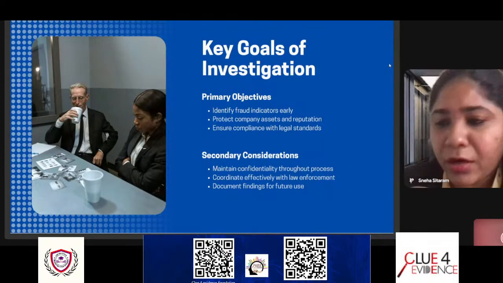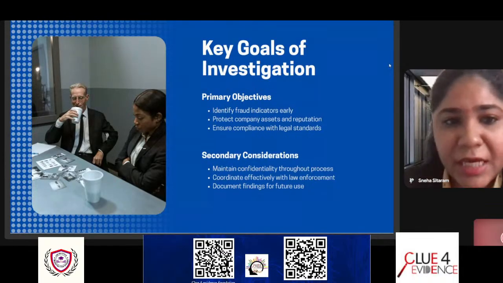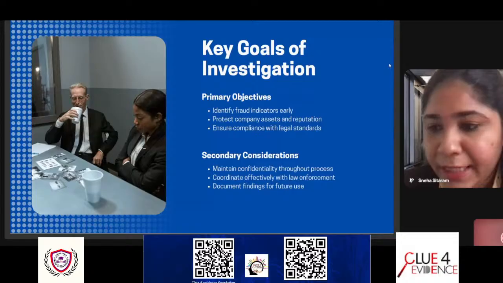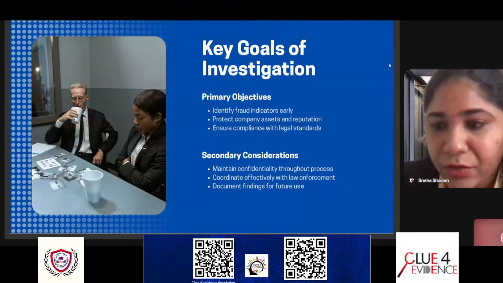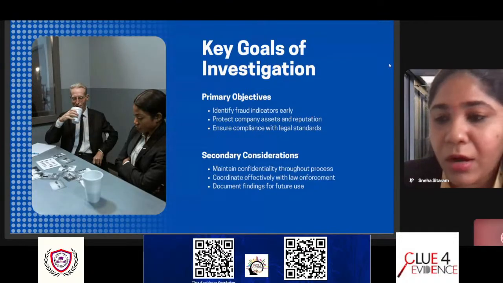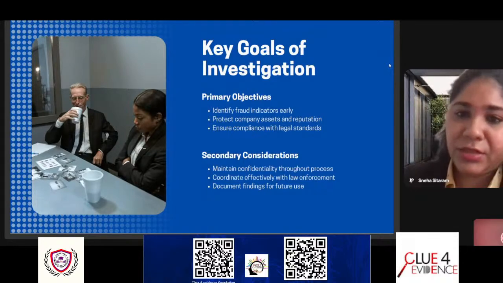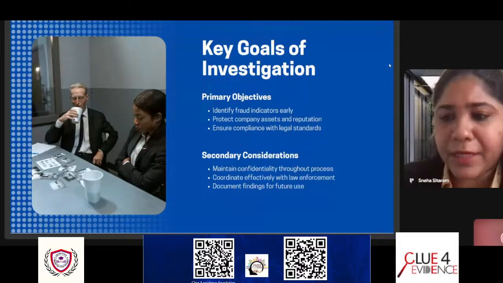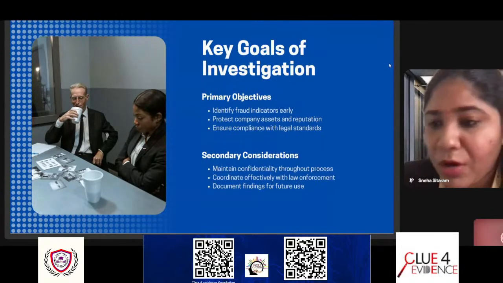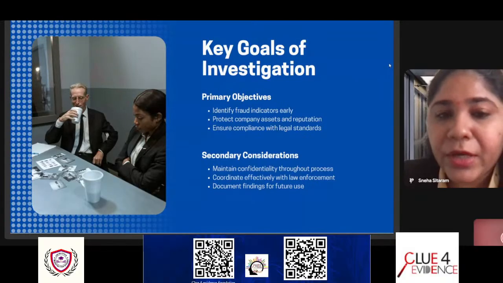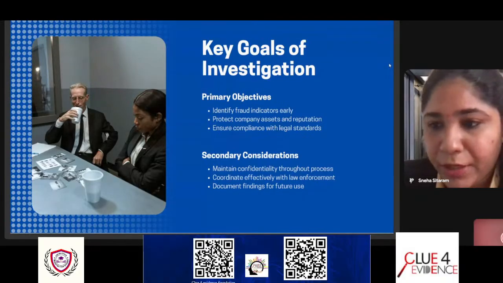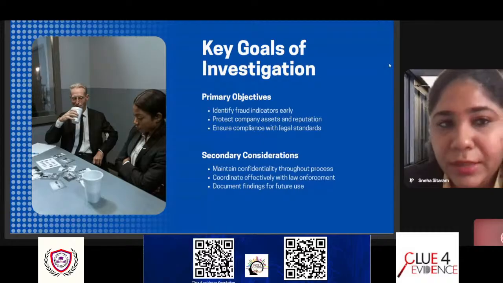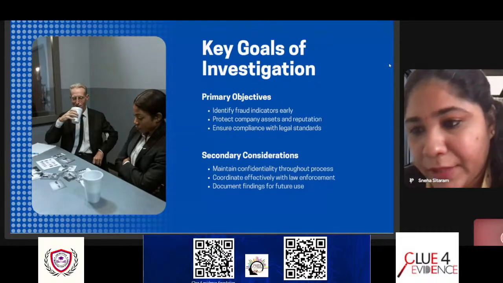If any news of an investigation leaks too early, the suspect can destroy the evidence or intimidate the witnesses. We also need strong coordination with law enforcement and regulators whenever required, because that is also very important, and it goes in line with them.